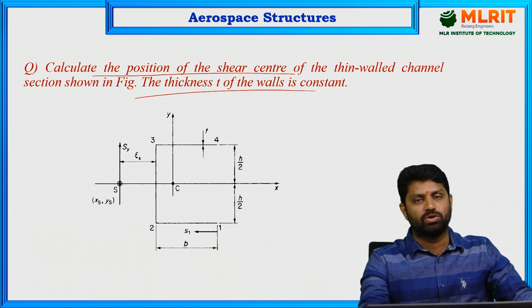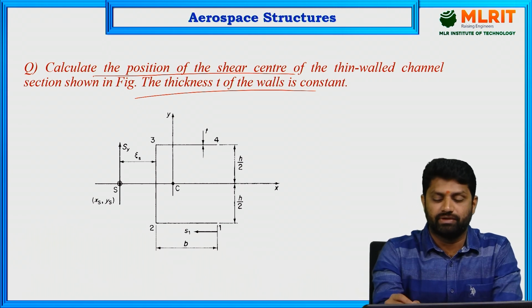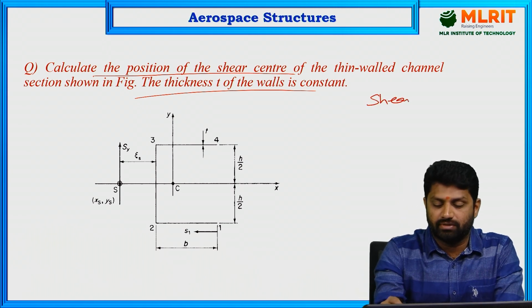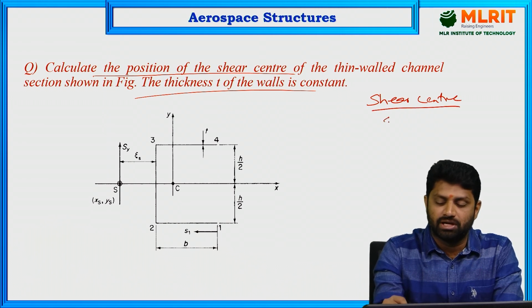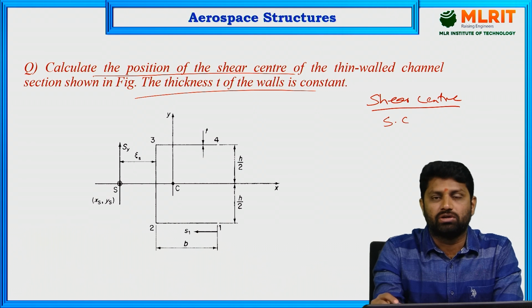Now, shear center. In the previous sessions we defined shear center. Shear center is nothing but the point in the cross section about which there exists no twisting moment.